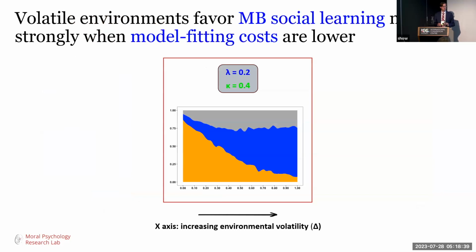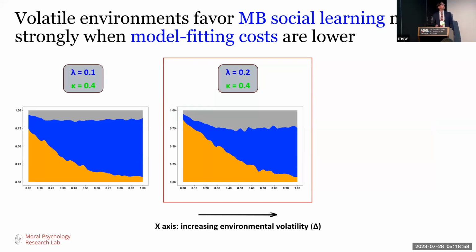The balance between model-based and model-free social learning also depends on how hard it is to fit a model. That is, how much we tune the lambda dial that's affecting the model-based social learners. Here you see the same chart that you saw before, at a relatively moderate setting. Now, if I make it a lot easier to be a model-based social learning agent, you see what you expect, which is that more agents become model-based as the volatility increases.